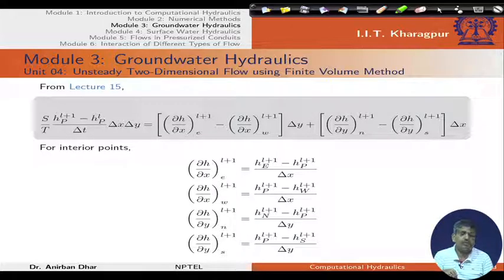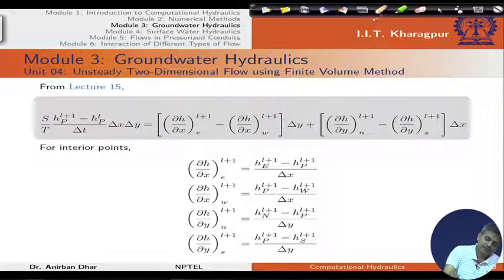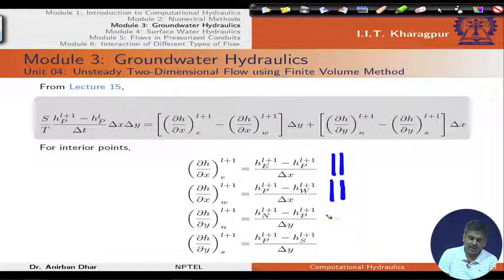In unit number 4 I discussed unsteady two dimensional flow using the finite volume method, and you can see that we have utilized the information that we got from our finite difference method.